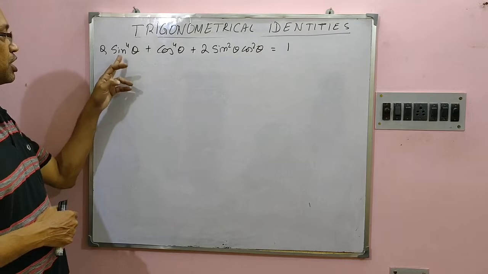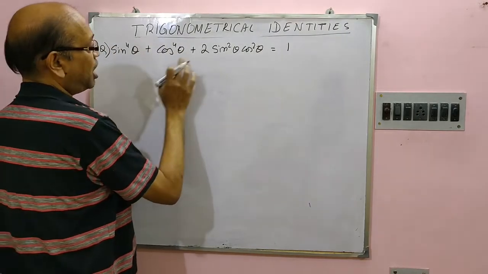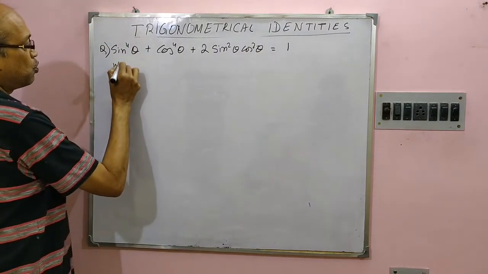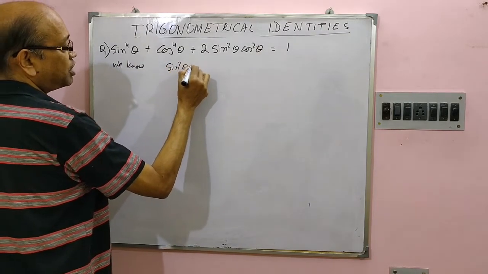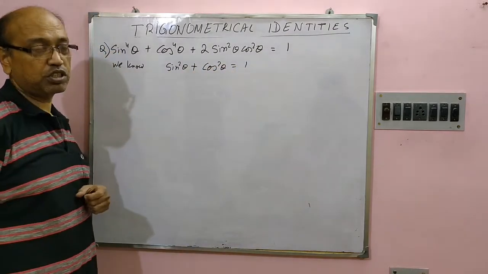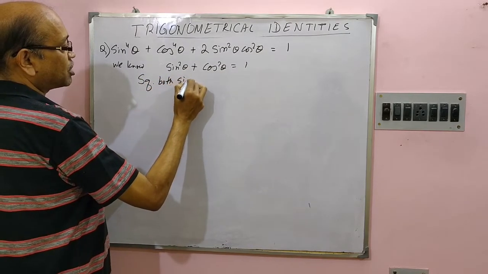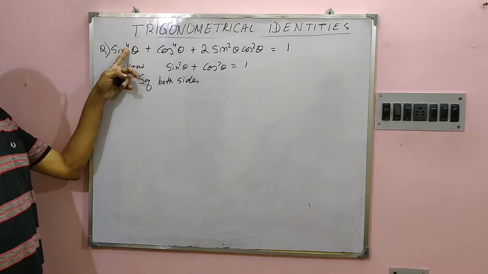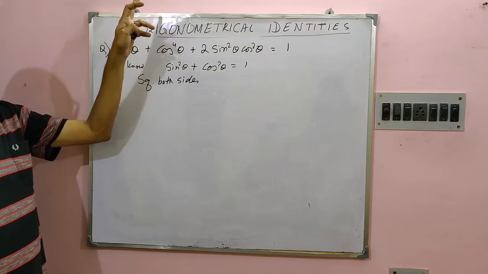Next question: sine 4 theta plus cos 4 theta plus 2 sine square theta cos square theta is 1. Here we know sine square theta plus cos square theta is equal to 1. Squaring both sides, because we need sine to the power 4. How will we get sine to the power 4? When sine square is squared, we get sine to the power 4.